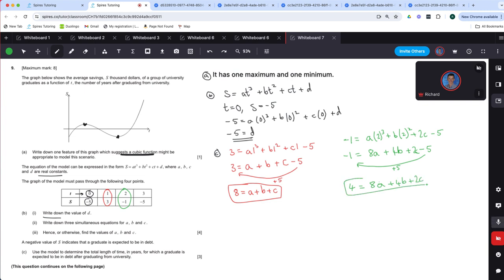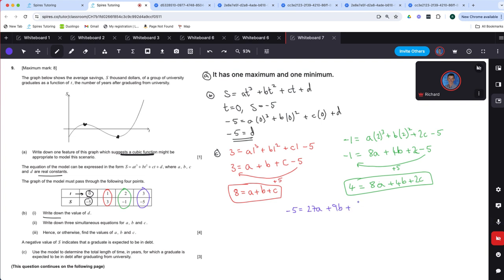And then we do the same thing again with the last one. I'll do it in a different color again. So we've got -5. You can go through the working here, but it's going to be 3 cubed. The 3 cubed is 27. So 27A plus B times 3 squared. 3 squared is 9.